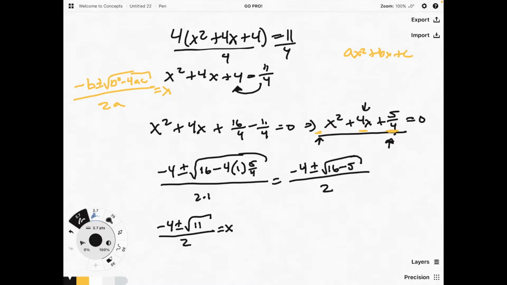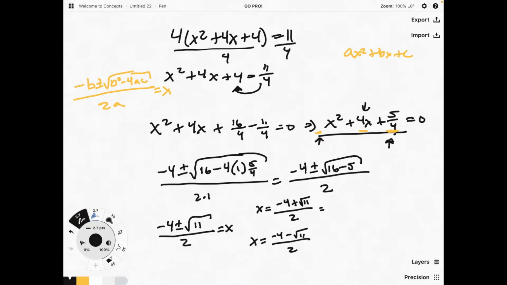Our values of x are then x equals negative 4 plus the square root of 11 divided by 2, and we have x equals negative 4 minus the square root of 11 divided by 2.